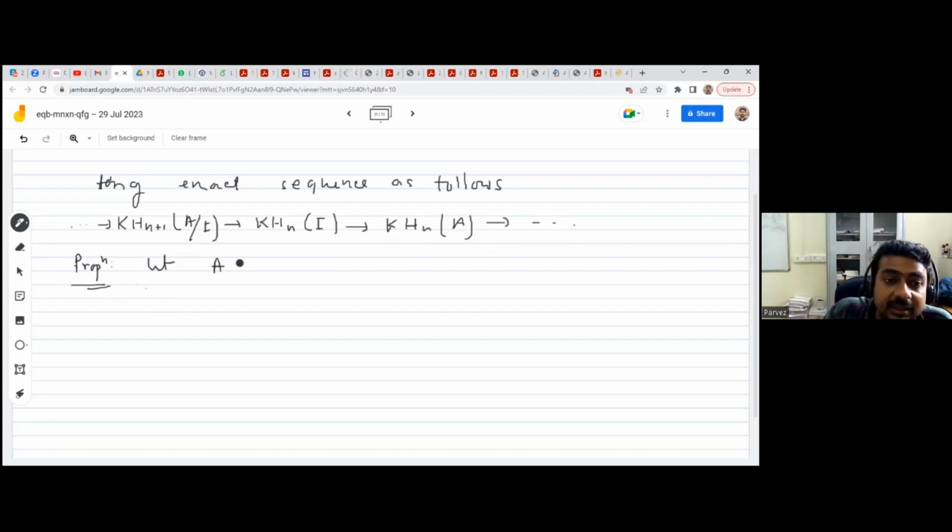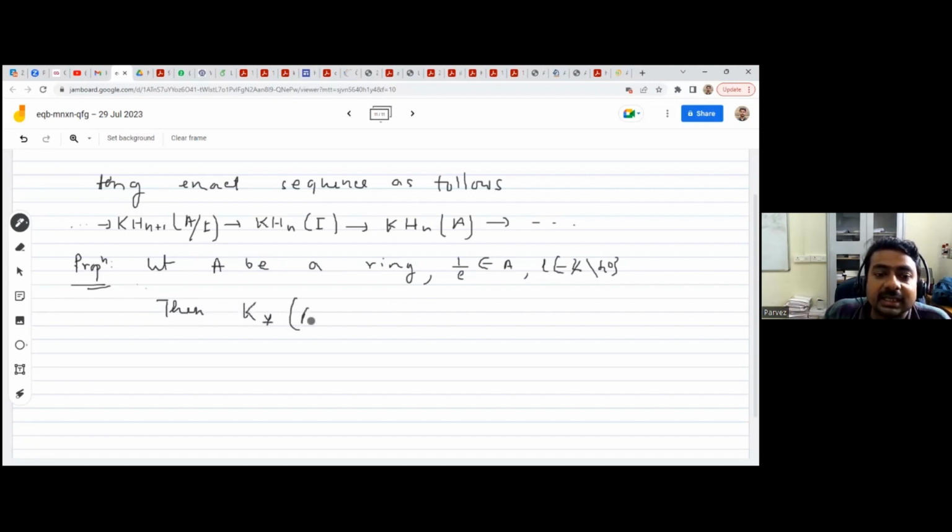Let A be a ring, and L a non-zero integer such that 1 by L belongs to A. Then K star of A with Z mod L coefficients is isomorphic to homotopy K theory of A with Z mod L coefficients.